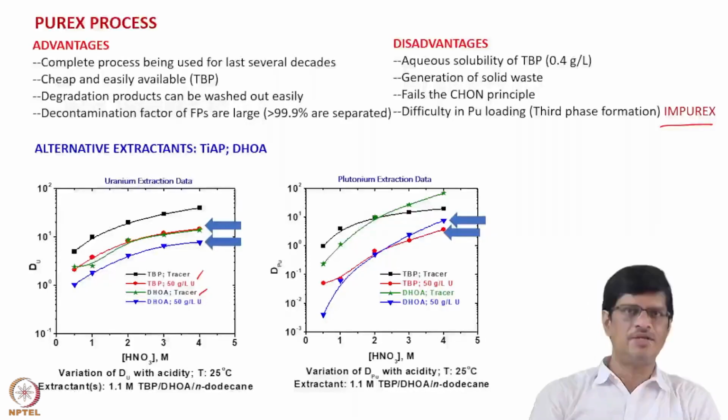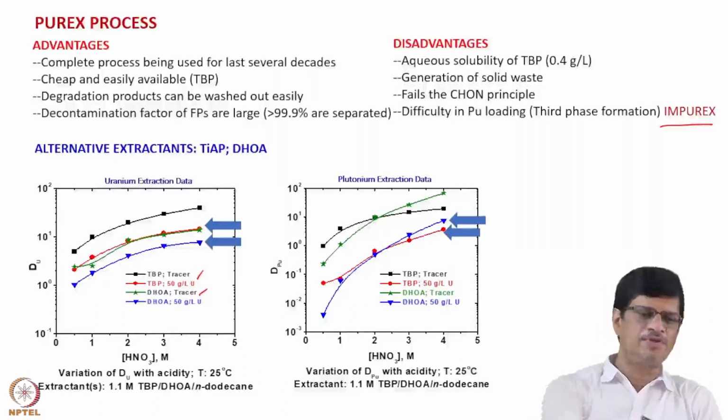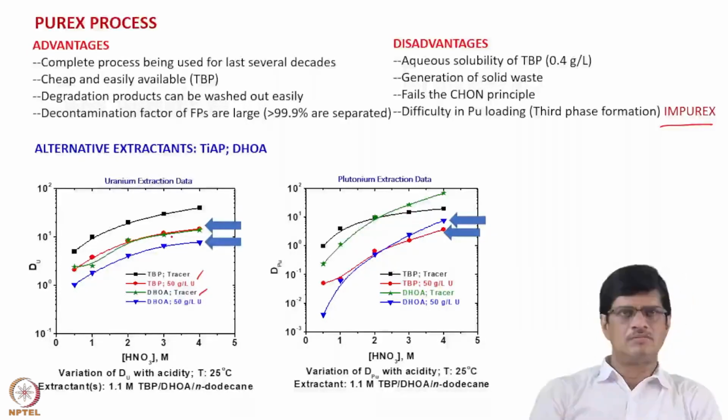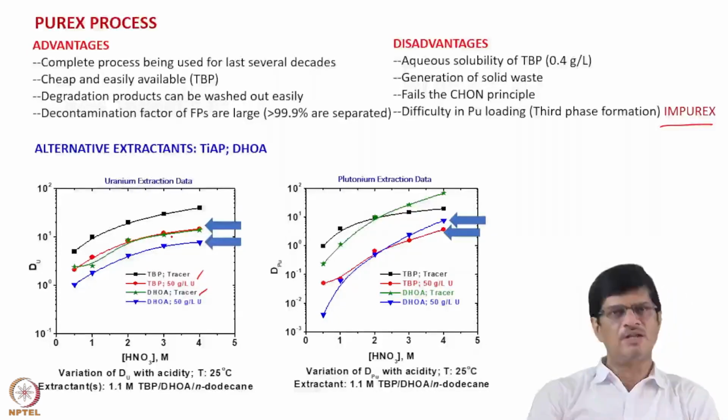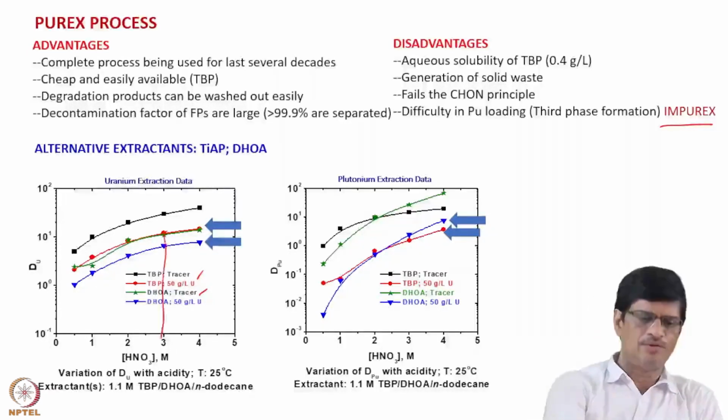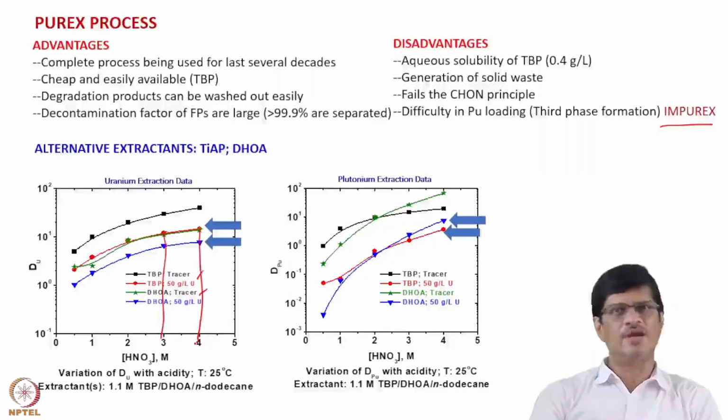There you can see that compared to TBP, which is the red line, the DHOA extraction data is somewhat inferior. But nevertheless, you can get reasonably good distribution ratio values, around 3 to 4 molar nitric acid, even with DHOA, dihexyl octanamide.